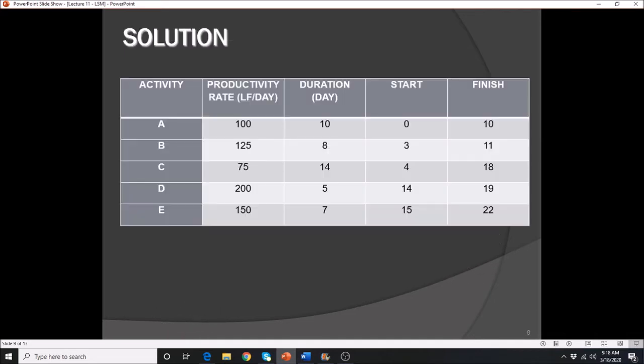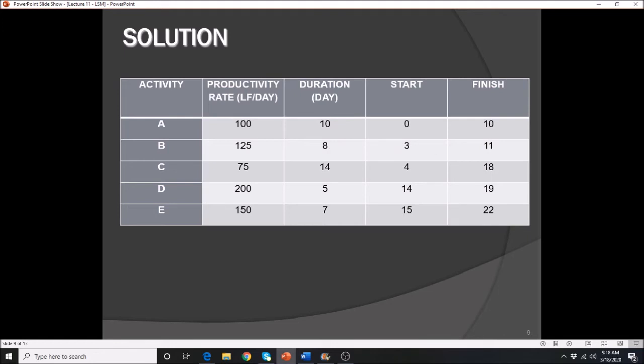So in that case, we need to extend the finish date of activity B by 1 day so that it will not intersect your previous activity on its 10th day. So we have 10 plus 1, we're going to end on the 11. So 11 minus 8, we're going to begin on the 3rd day.